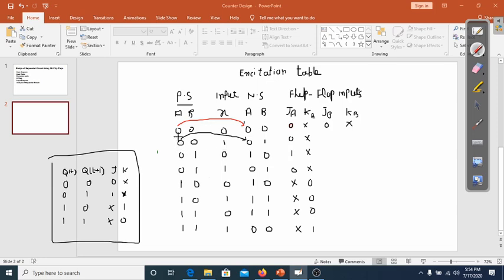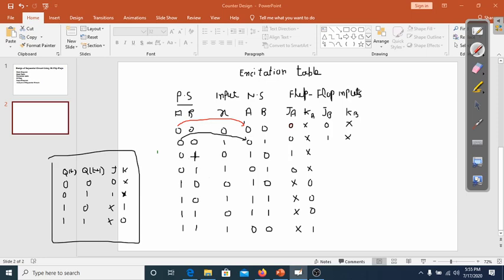Now B is 0, present state is 0. For B, present state is 0, next state is 1. In this case, J must be equal to 1 and K could be 0 or 1, so I will use don't care.